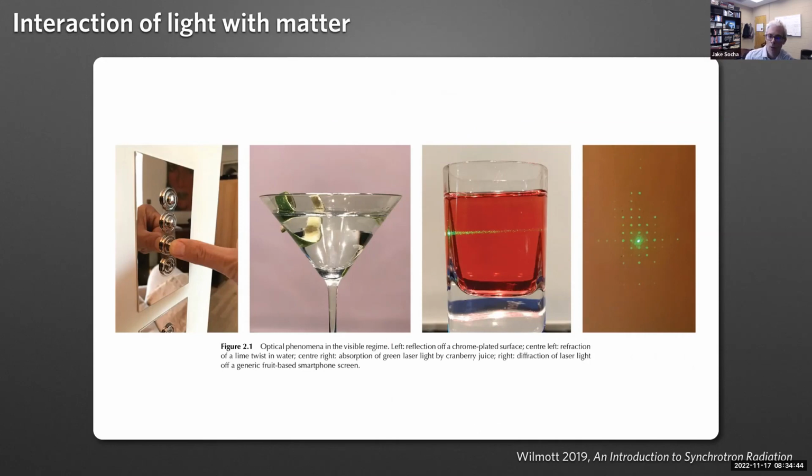Okay, so how does this work? To start out, light interacts with matter in a number of different ways. You can get reflection, refraction, where the light is bent through a different medium. Of course, you have absorption of light. And then lastly, there's diffraction. Because X-rays are light, all of these things are possible with X-rays as well.